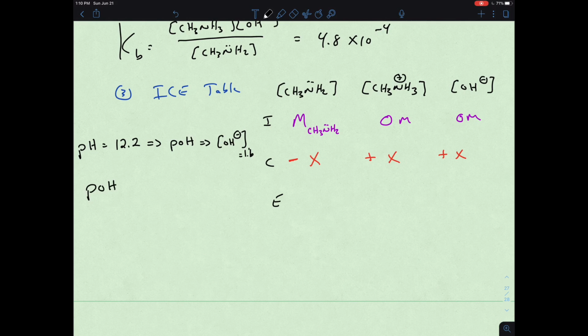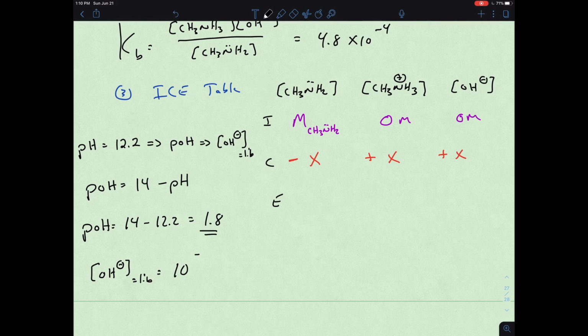My pOH would be 14 minus my pH. So my pOH would be 14 minus 12.2, or equal to a value of 1.8. I can then get at my hydroxide ion concentration at equilibrium by taking 10 to the minus pOH.